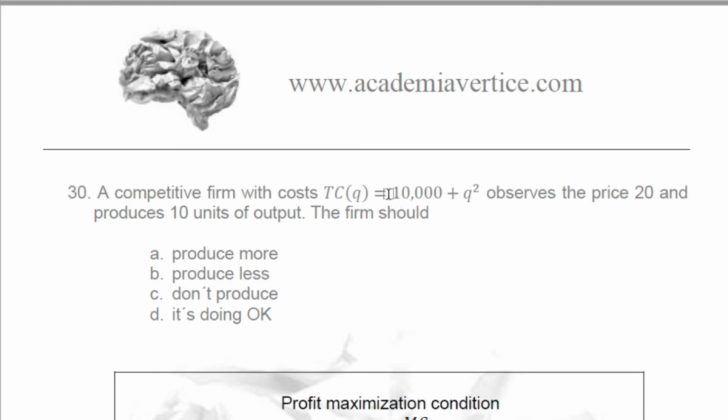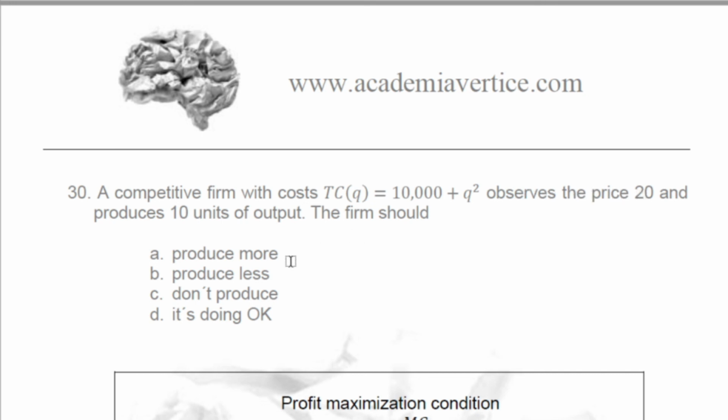The fixed costs seem to be very high, but as I told you before, when Q is equal to 0, I have to pay those costs. So these are sunk fixed costs, so we should produce even with low prices.